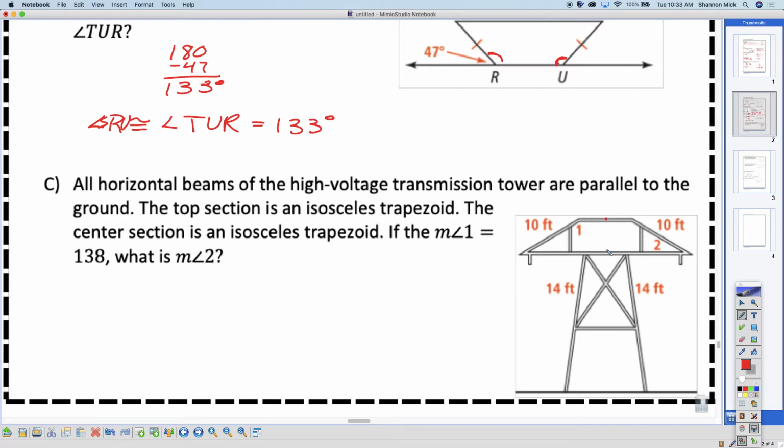I have an isosceles trapezoid where the 14 is, and I also have one where the 10 is, don't I? One is just taller than the other. I have a hard time viewing this 14 as an isosceles trapezoid. But it is, because those sides are diagonal a little bit. So, what is the measure of angle 1?